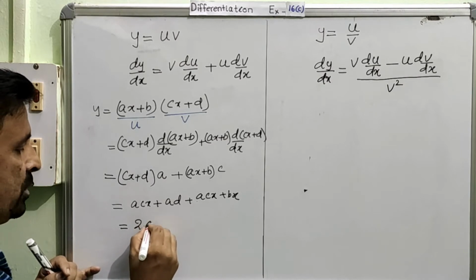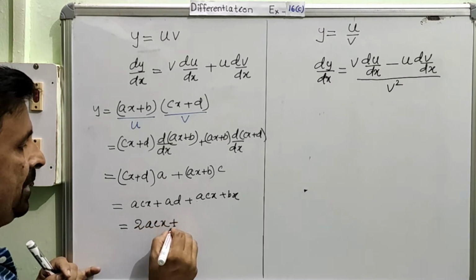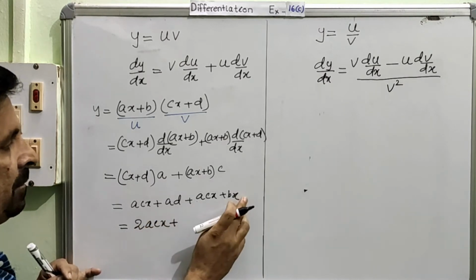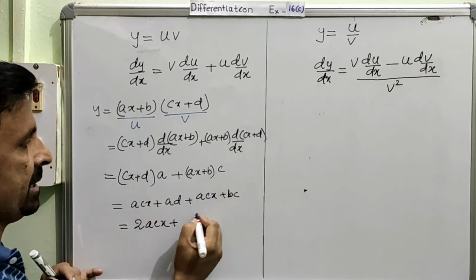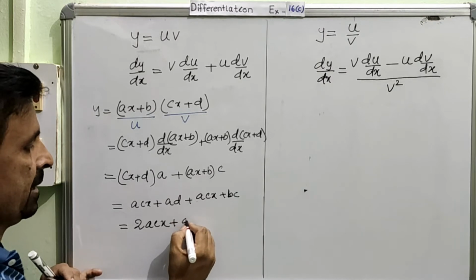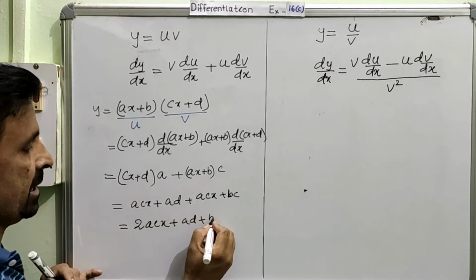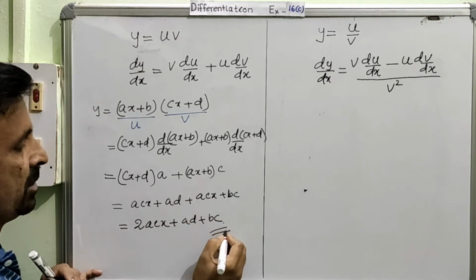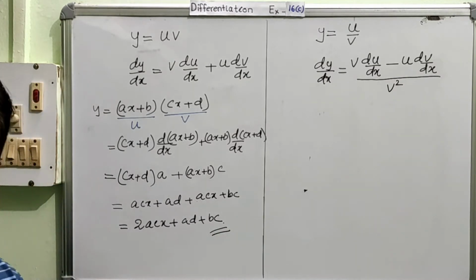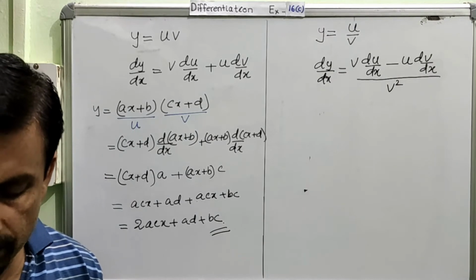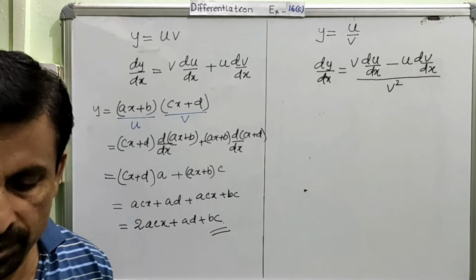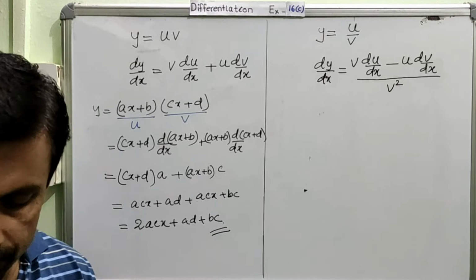So this will be your 2acx, and then ad and bc will remain as they are, ad plus bc, because we don't have any common factor. So this is your answer. Am I clear or not? So this is one example of question number 1 of the product form.